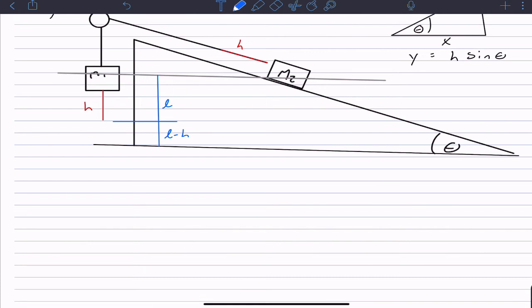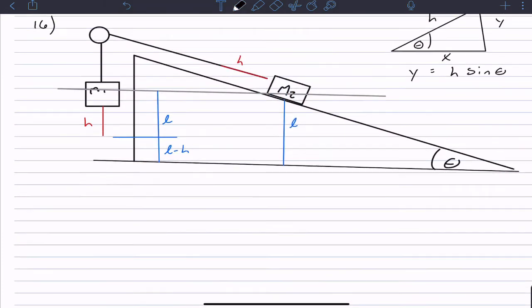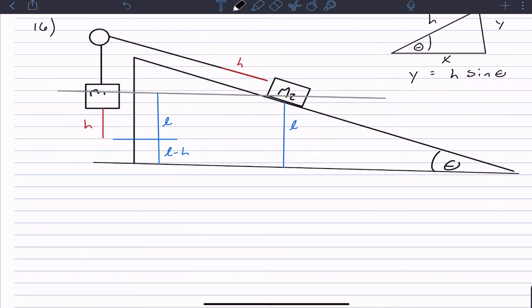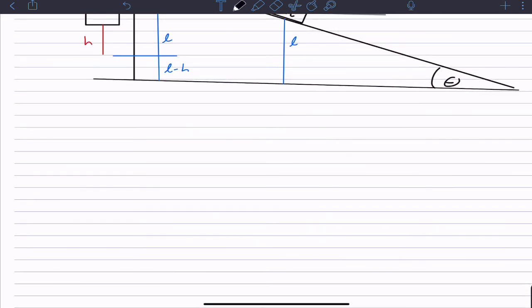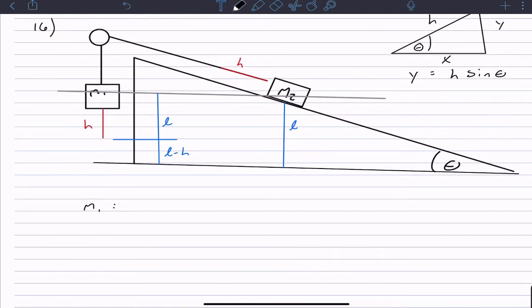So this is L as well. The initial height here is L. Now what happens is actually really cool. If we were to consider L as 0, which you could possibly do, it'll take one less step. But I'd like to show this just because you may come across a problem where you're going to need this.